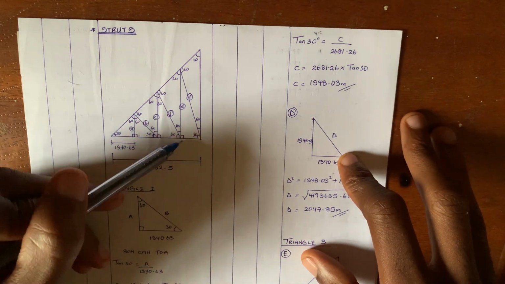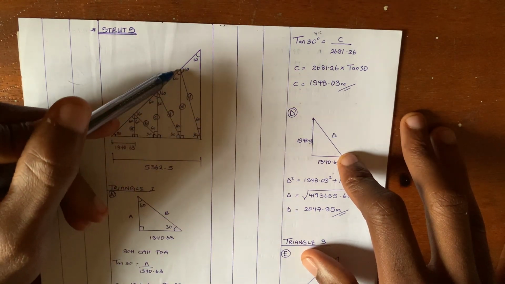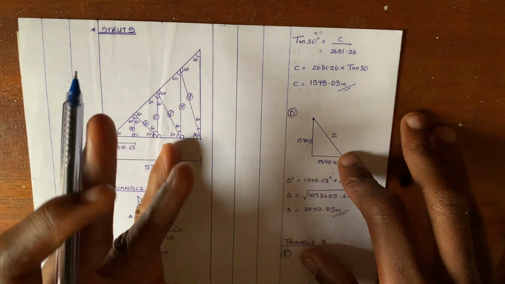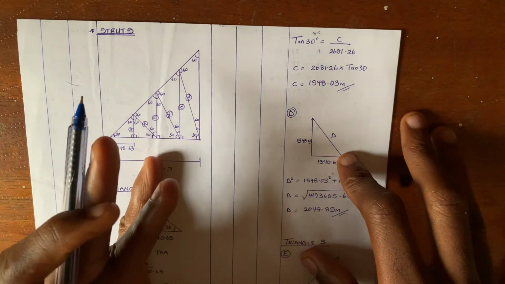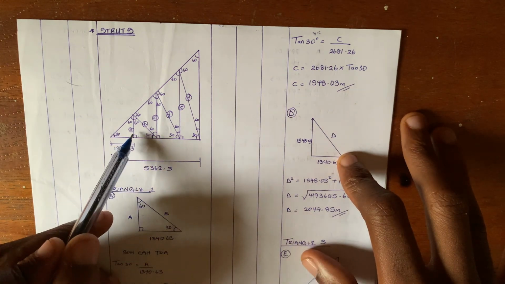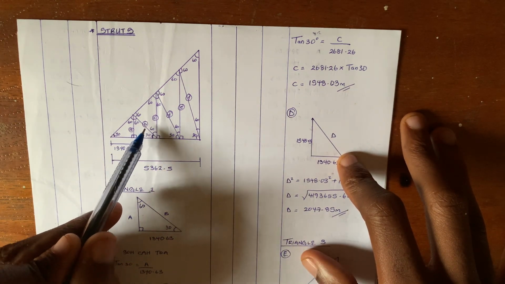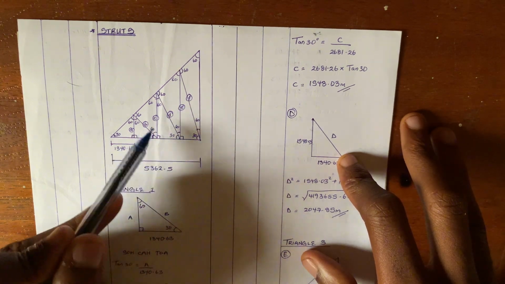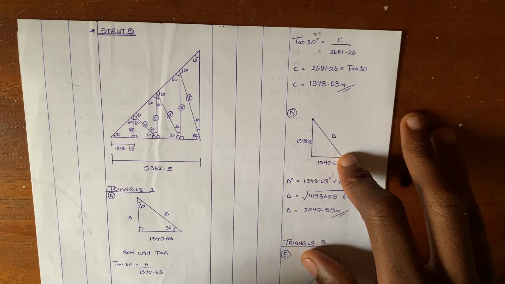That's this, and this, depending on the design. This is the design we got, so this is what we are going to be calculating for. So we are going to be looking for A, B, C, D, E, F. All of them are called struts, that's bracing.